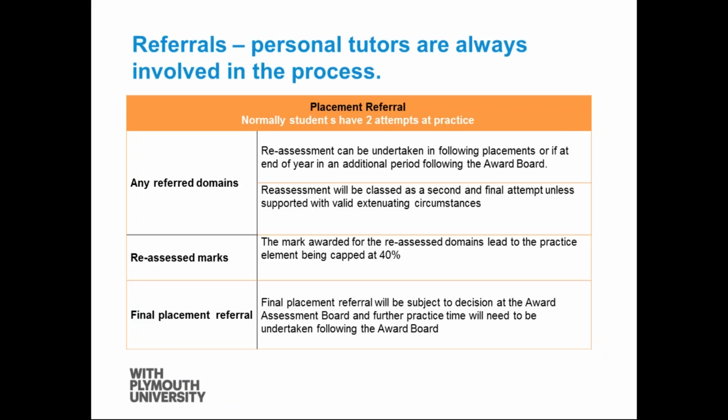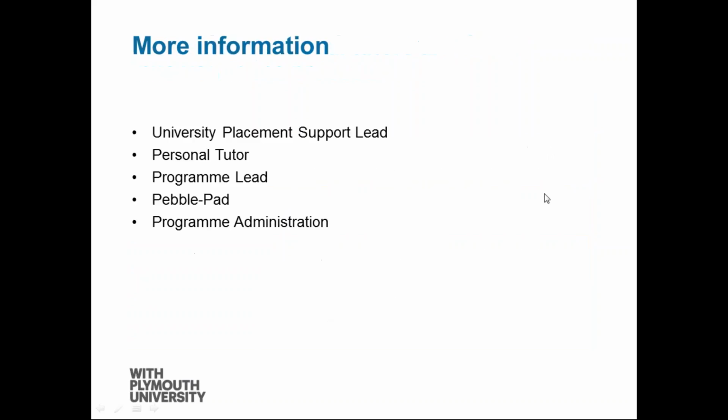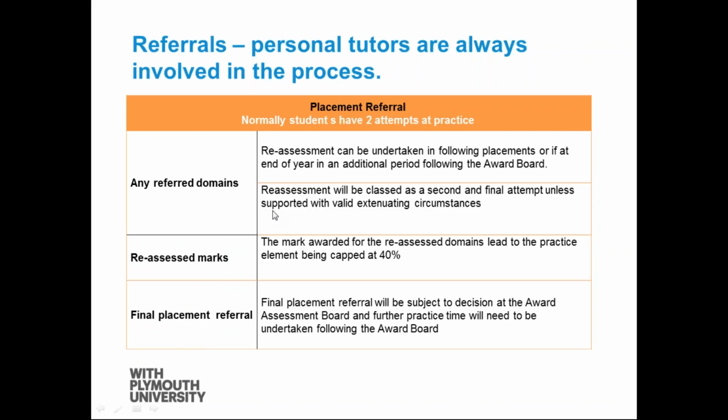So let's talk about when a student doesn't pass a domain. Students have 2 attempts at practice normally. If a student is referred, they are reassessed in their next placement. If it's the end of the year, there needs to be an additional period. The reassessment will be classed as a second and final attempt, unless there are valid circumstances.